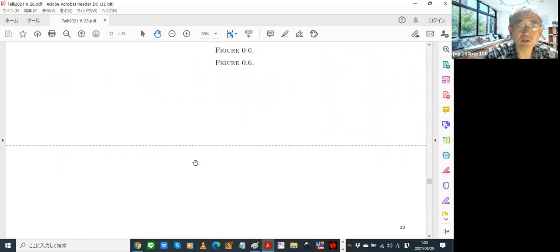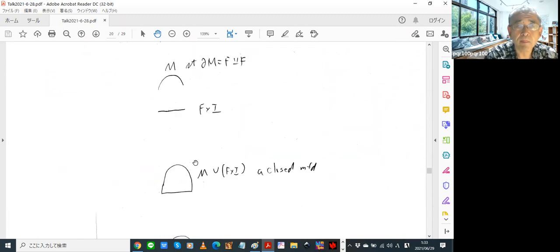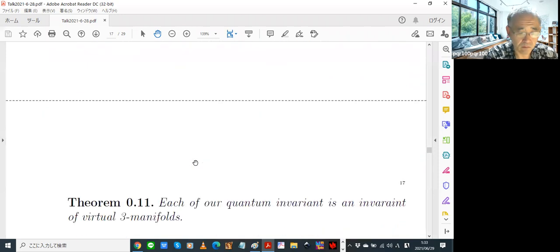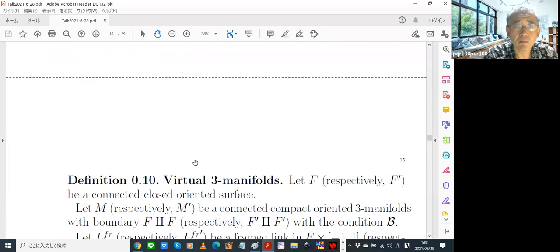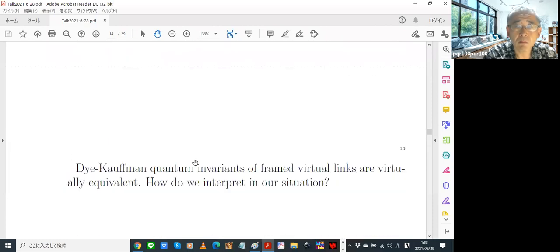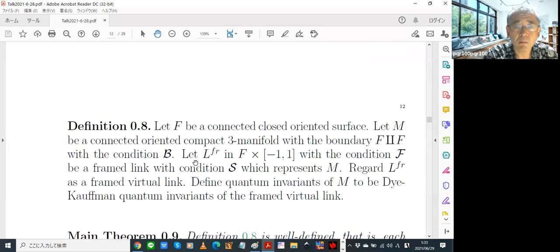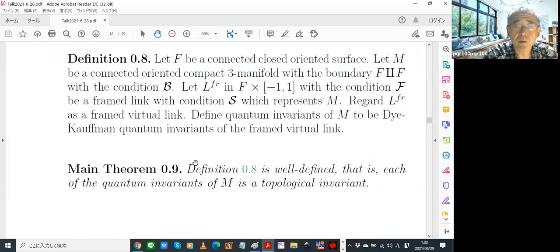And in our case too, M with boundary F and F, fixed meridian and longitude.